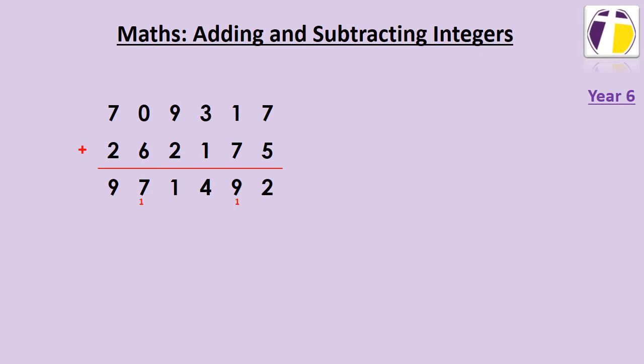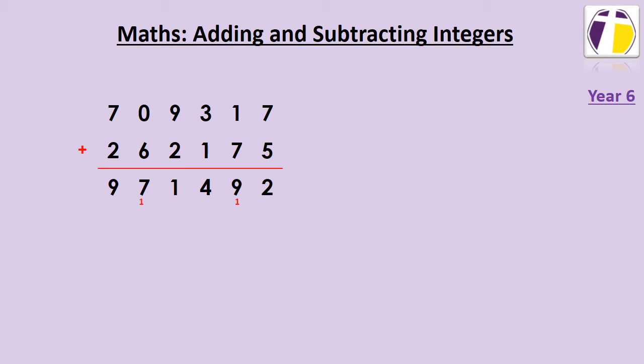We've then had to be really careful adding our tens column. 1 ten adds 7 tens is 8 tens, but we've got the additional 10 from our previous column we need to add on, which makes 9 tens. Our hundreds is 3 hundreds add 100, which is 4 hundreds.